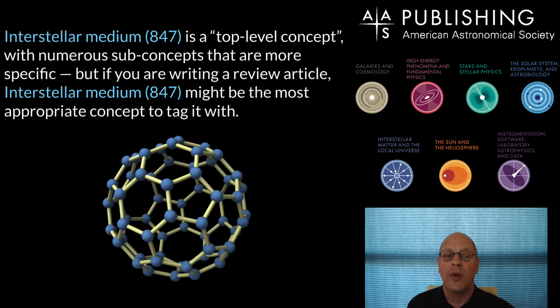For example, interstellar medium 847 is a top-level concept with numerous sub-concepts that are more specific. You can choose one of those subtopics, that's perfectly fine, or you can stick with the high-level concept, interstellar medium 847. If you're writing a review article, that might be the most appropriate concept to tag your article with, just interstellar medium. C60 buckyball there in the image.